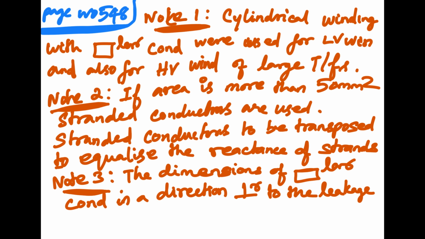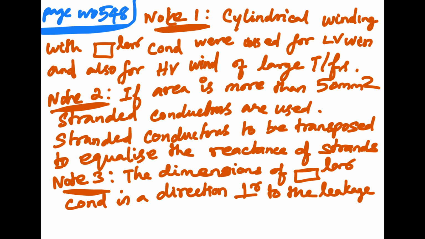Note 1: cylindrical winding with rectangular conductor is used for LV winding and also for HV winding of large transformers. Note 2: if the area is more than 50 millimeters square, standard conductors are used. Standard conductors are to be transposed to equalize the reactance of strands.